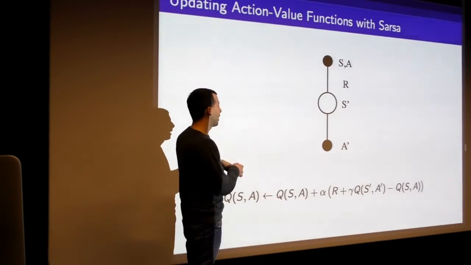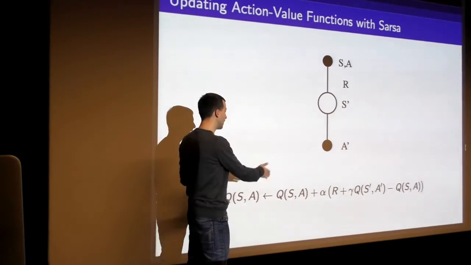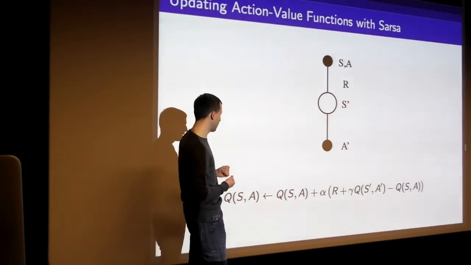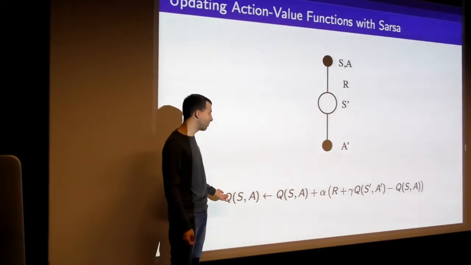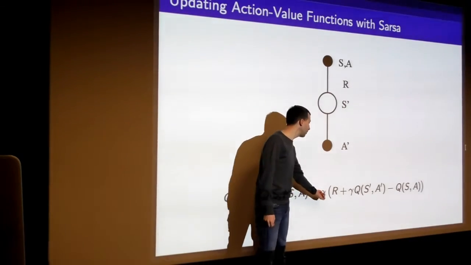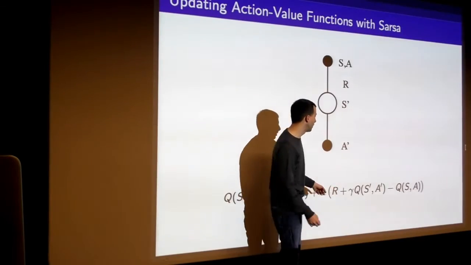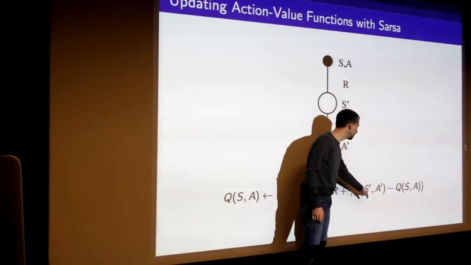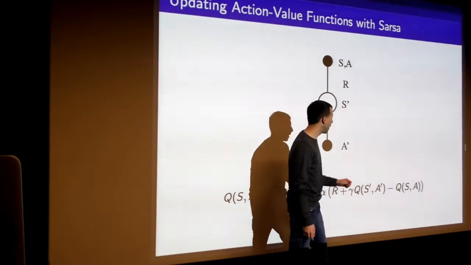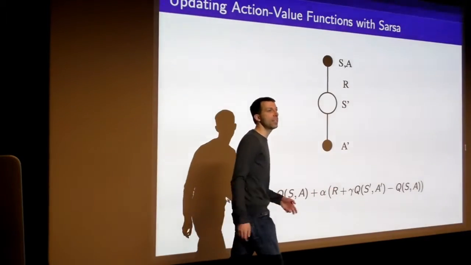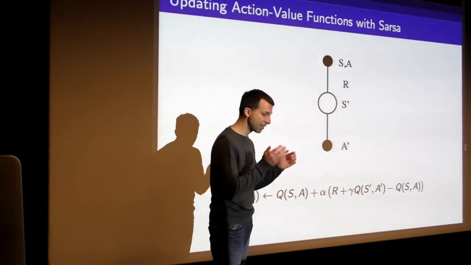SARSA indicates a particular update pattern that we're going to use. So what do we do? We start with our Q values, and we move our Q value a little bit in the direction of our TD target, the reward plus the discounted Q value of the next state-action pair, minus the Q value of where we started. So it's like I was in some state and I'm considering taking some action.